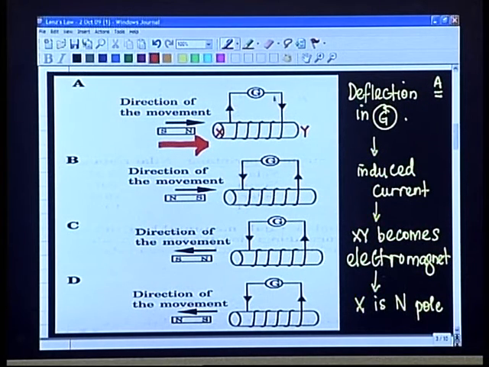the direction of the current must be flowing in such a way that its magnetic effect, meaning that it has become an electromagnet now, XY, opposes the magnet moving in. Because the magnet that goes in produces the induced current. So now X has become the north pole.